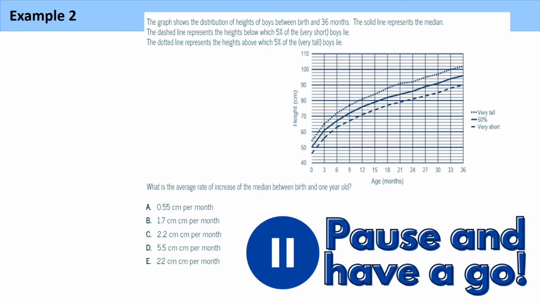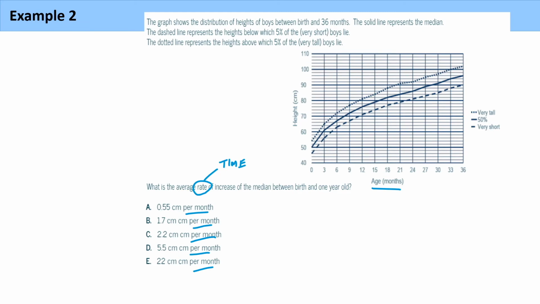Alright, so one of the key things in the question is that it asks for a rate of increase of the median between two separate time periods. And as soon as you see any rate, it should trigger in your mind that you're looking for the change in a variable in relation to another measure of time.